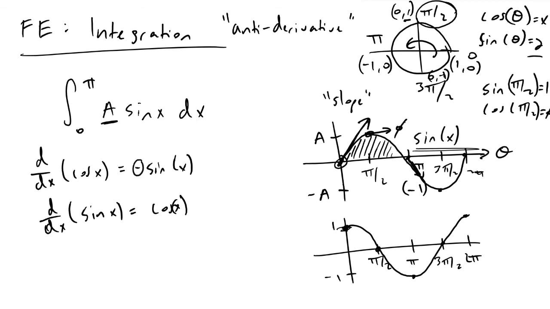Now things do get a little bit trickier with taking the derivative of cosine of x, because with cosine of x, while we are at 0, we see that the slope of this line is 0. But once we get to pi halves, we now have a slope of minus 1. But our sine function has a value of plus 1, so it needs to have this negative sign here for it to make sense. So it is good to understand a little bit of the intuition behind these functions.